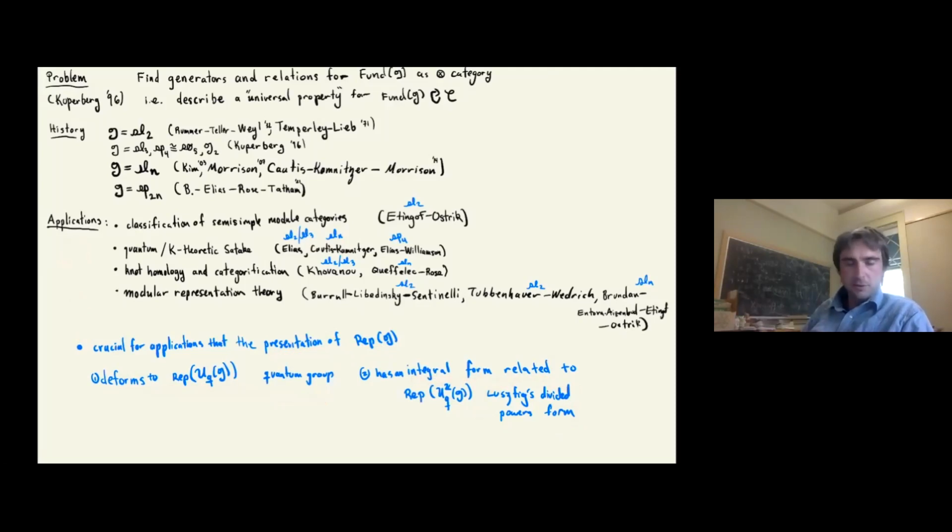So we have some good control over the modular representation theory. We can specialize to roots of unity or to positive characteristic, and our presentation still makes sense there. So that's basically the background and motivation that I wanted to say.